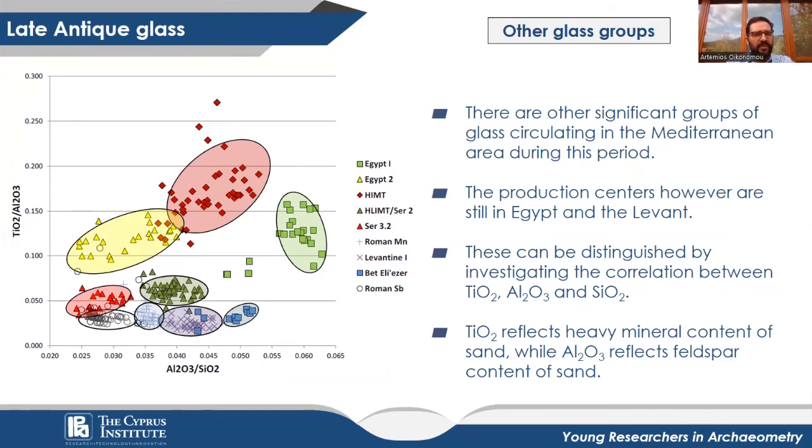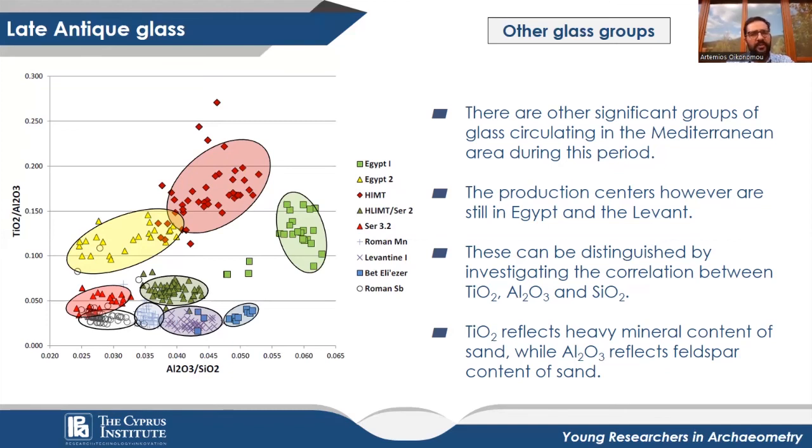This biplot is useful for identifying primary groups of glass and the ratios of certain elements associated with the sand, as for example alumina, silica, and titanium. Here you can see the various groups having very distinct positions in this plot.